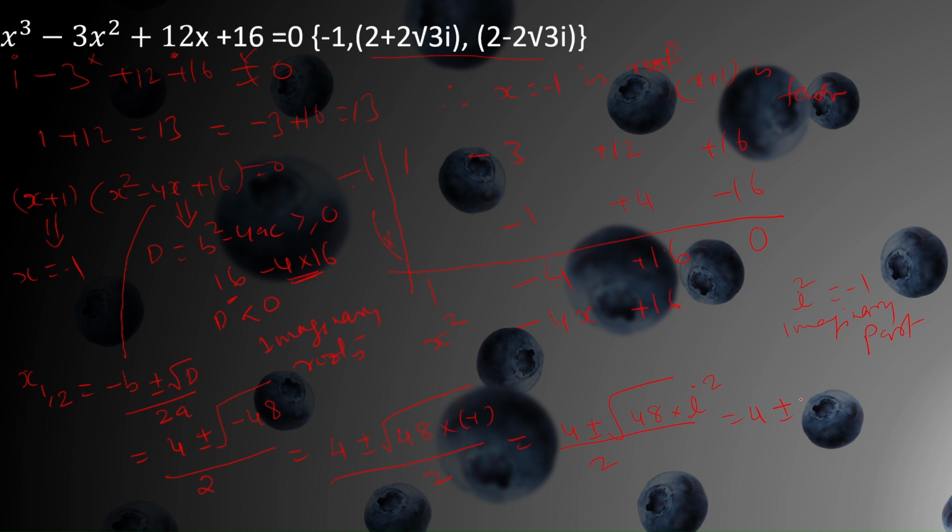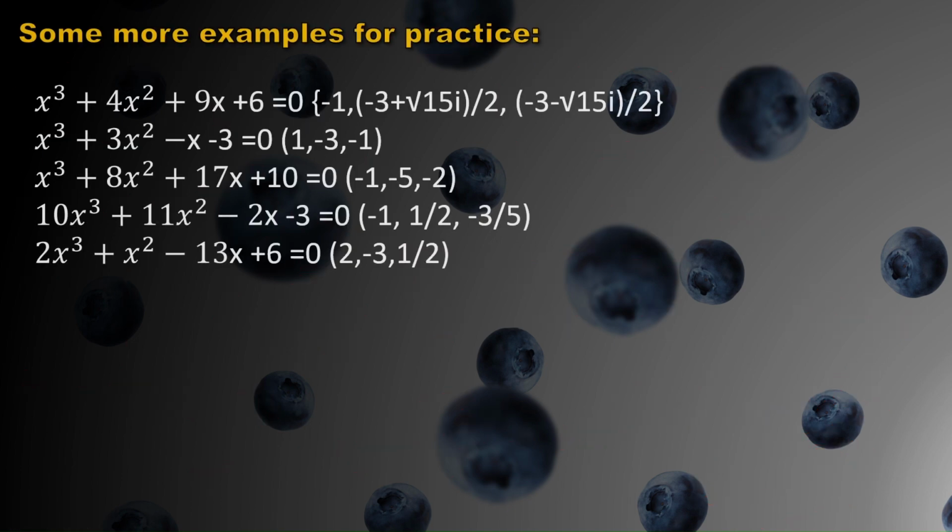So it will come 4 plus minus, this 48 can be broken down into 16 into 3. So 4 root 3, and this iota square, so 1 iota will come out, by 2. Then again if we solve it, it gives 2 plus minus 2 root 3 iota. So these are the two imaginary roots which I have already written over there.